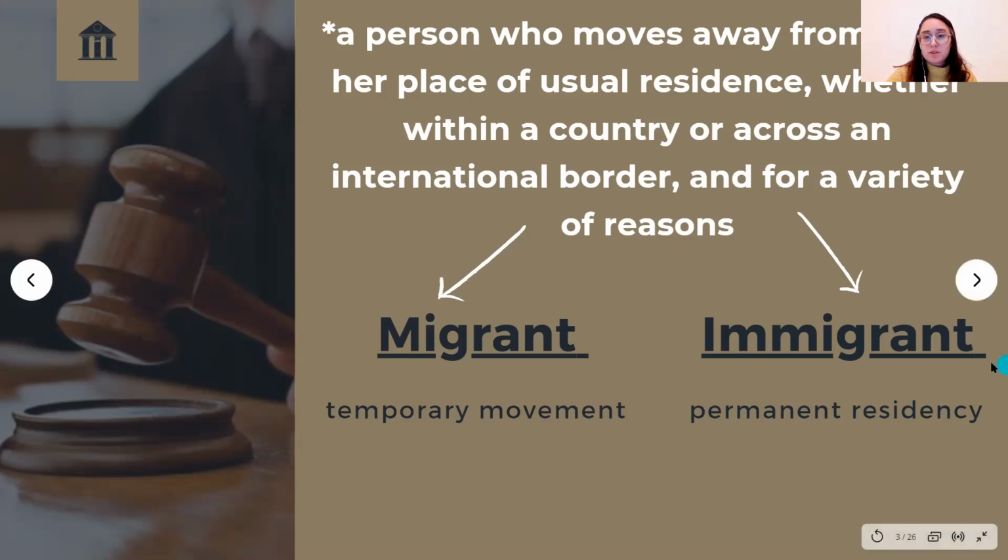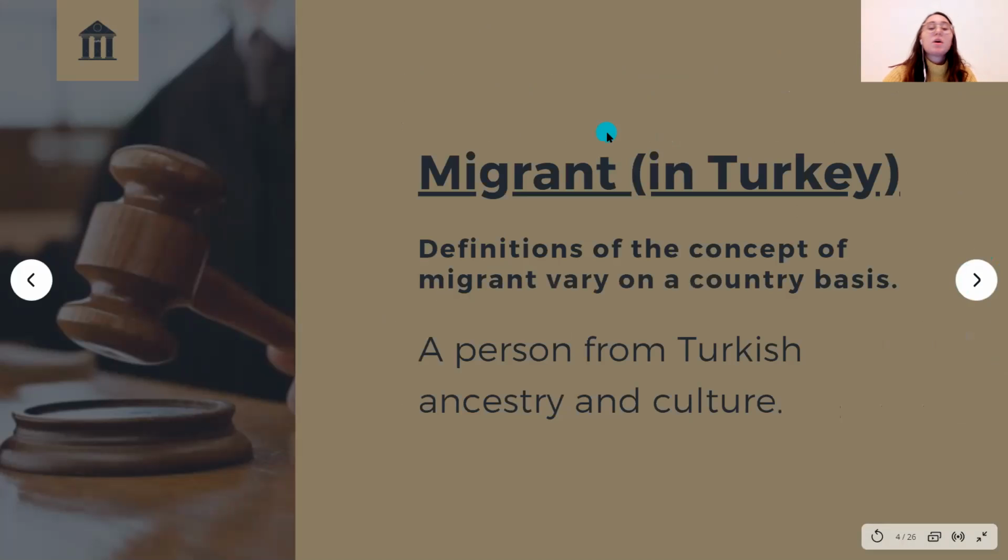I also have to point out that the term migrant in Turkey has been defined as a person of Turkish ancestry or culture. So basically, a person who does not have Turkish ancestry or culture cannot be seen as a migrant in Turkey.